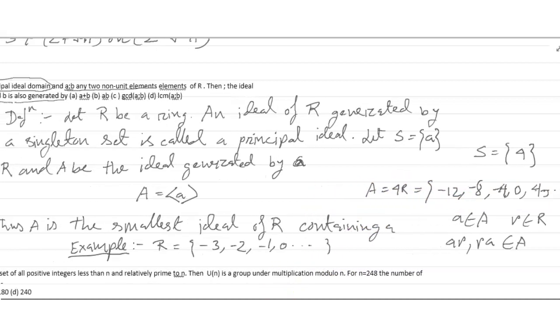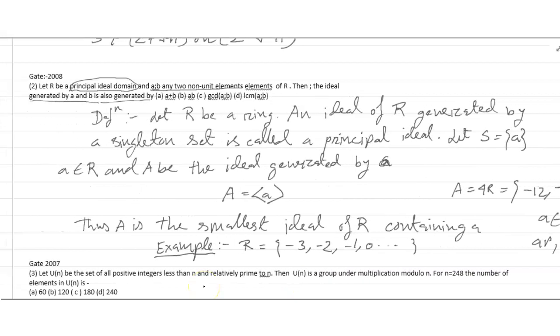Whatever you see, it is the smallest ideal of R. This is very important information. In this case, a + b is not the smallest, ab is not the smallest, gcd of a and b is the smallest. So the generator will be gcd of a and b. This is the possibility, and my answer is option C.